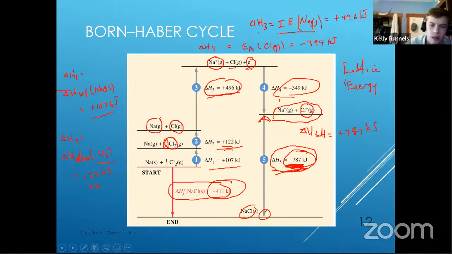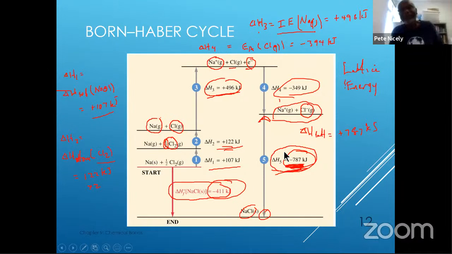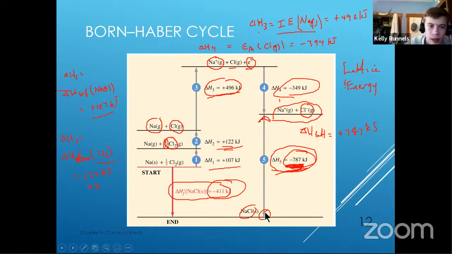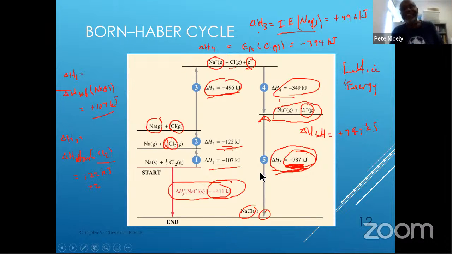But in this example, it's energy released forming the solid compound. It would be the energy required to assemble it into an ordered structure. Right, exactly. That's the opposite direction.